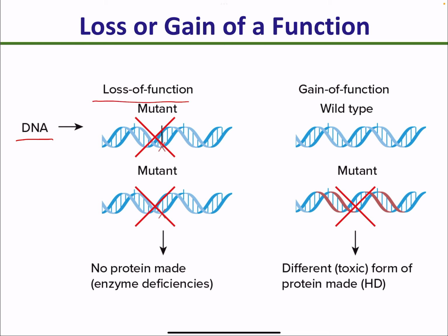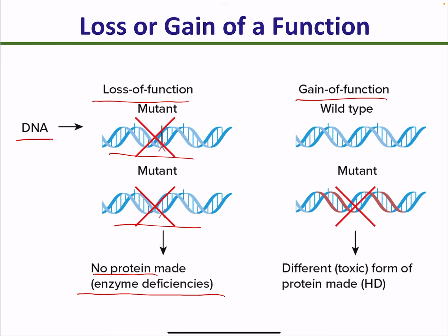You have a loss of function in an individual if the two alleles are both mutated in such a way that the product of the gene either is not expressed, so there is no protein made, or the expression is so low or of such bad quality that the enzyme is not functional. That's a loss of function.